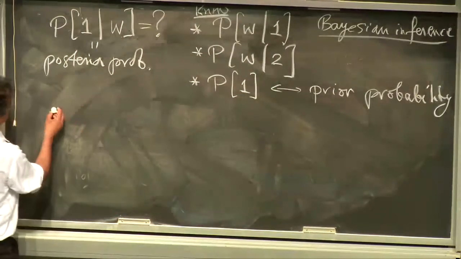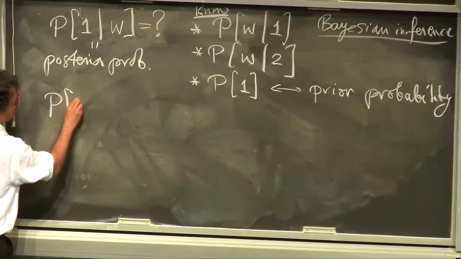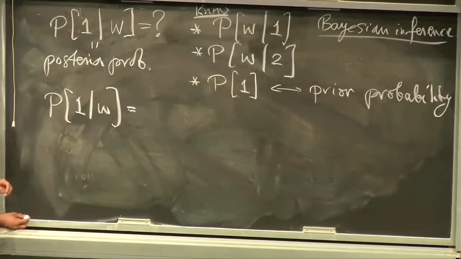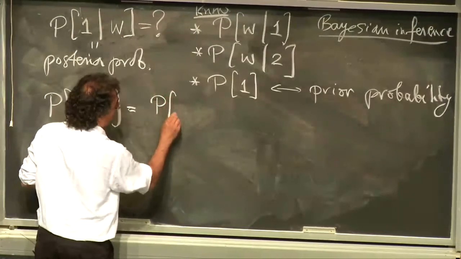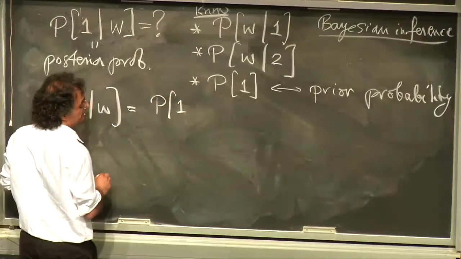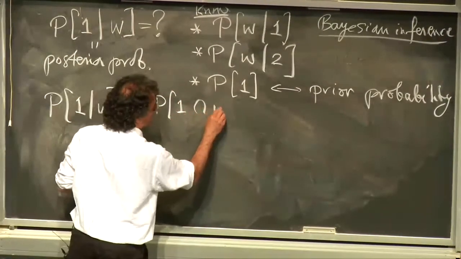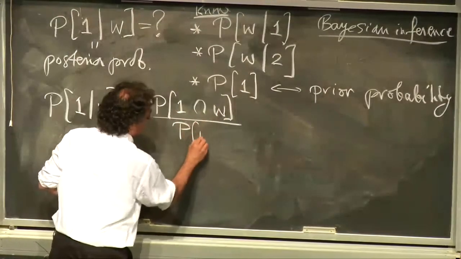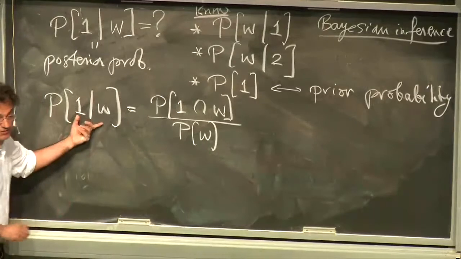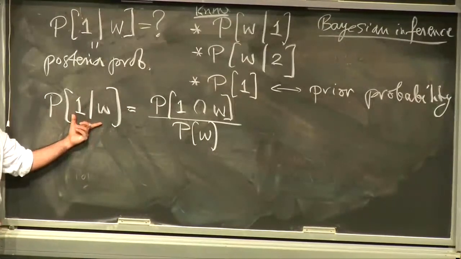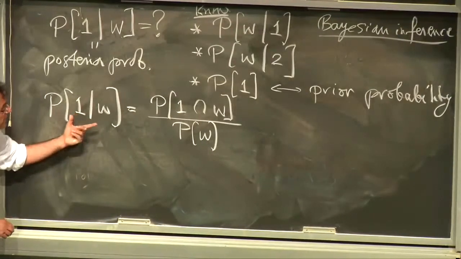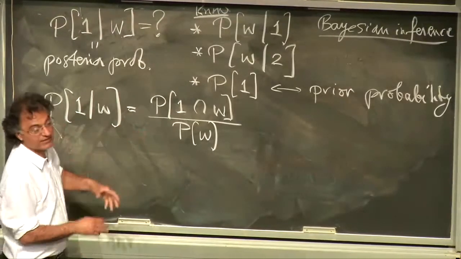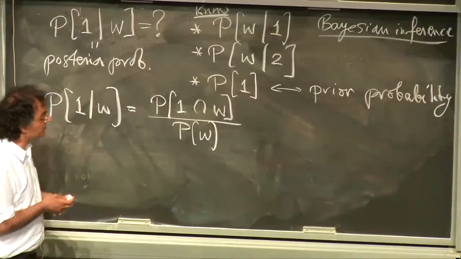So what we do is write probability of 1 given white. Well, it's probability of 1 intersect white divided by probability of white. This is just by definition of conditional probability. The probability that you reached into bin 1 and you drew white.